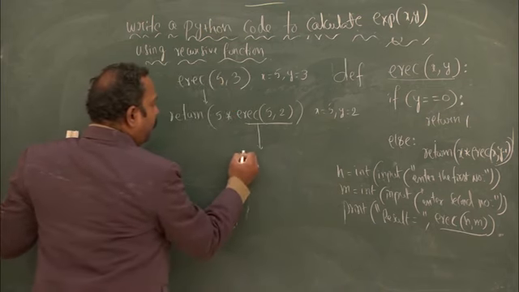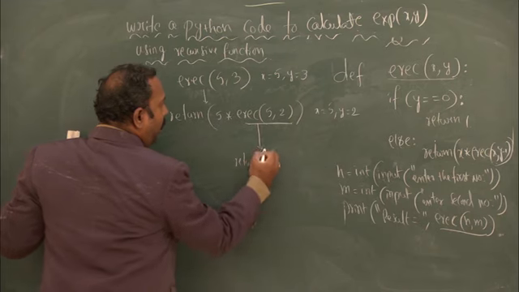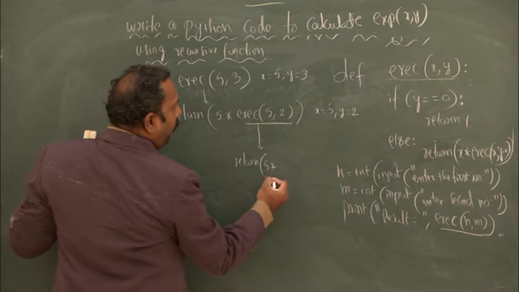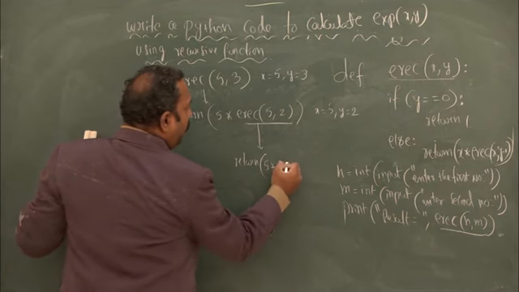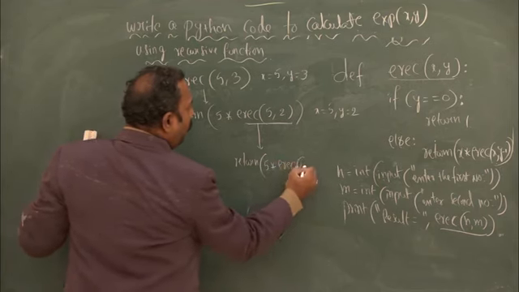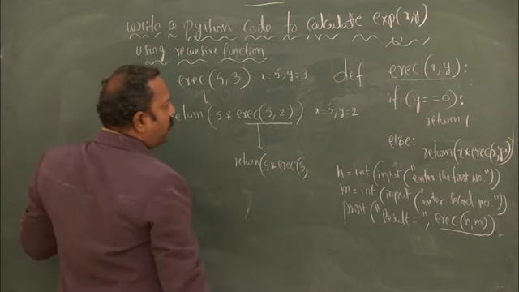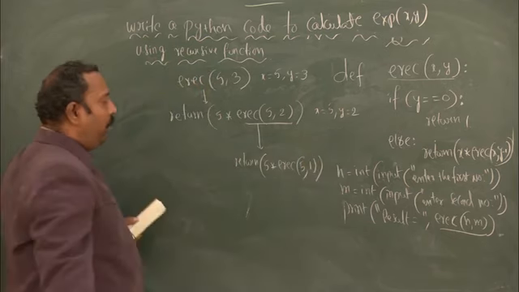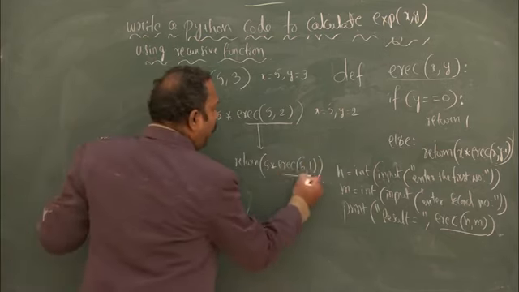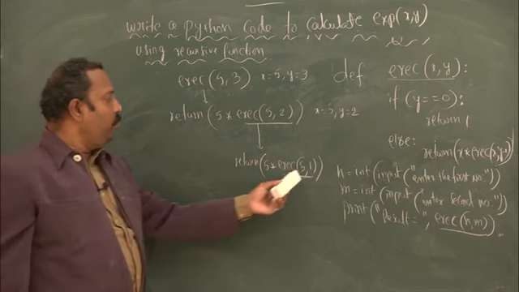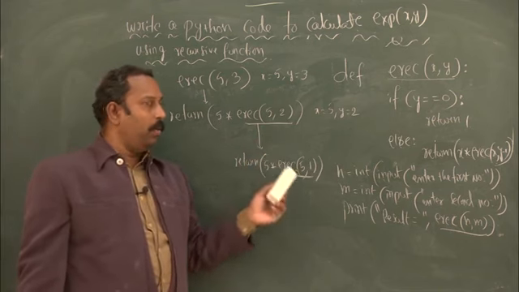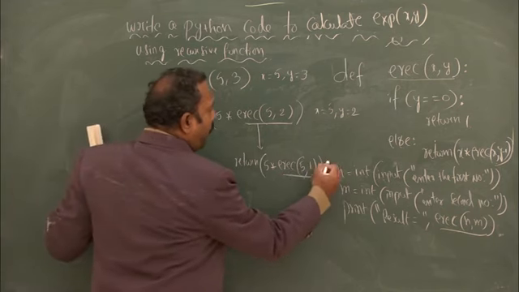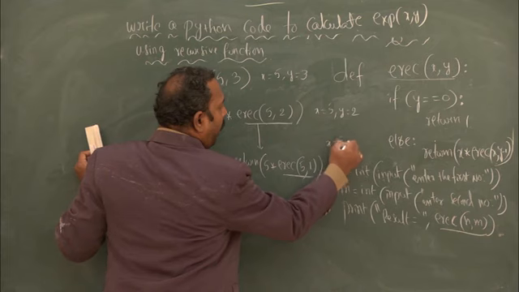Again return of x, 5 into EREC of 5 comma y minus 1, that means 1 you will get. Again there is a function call with the new parameters. Previously 5 comma 2, now 5 comma 1. So x gets value 5 and y gets value 1.